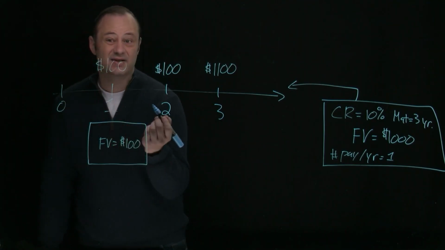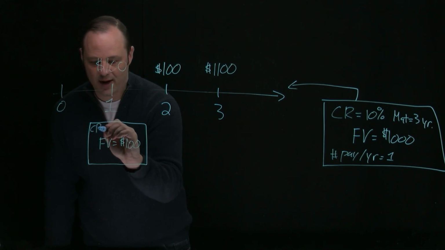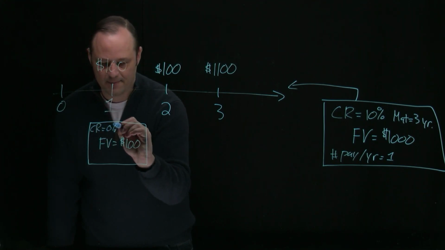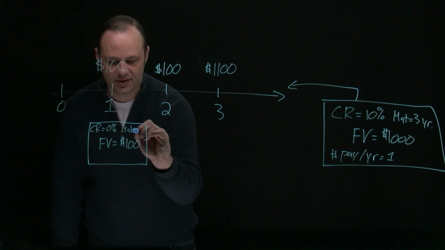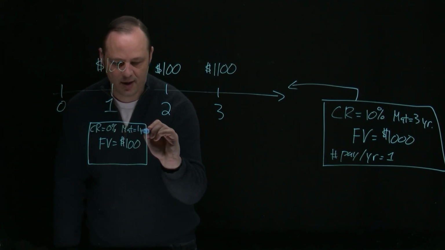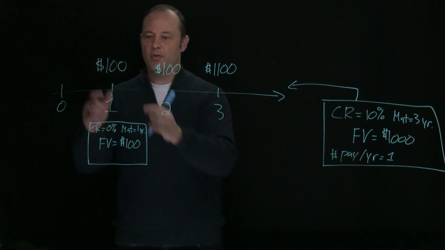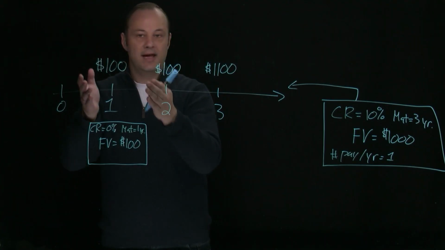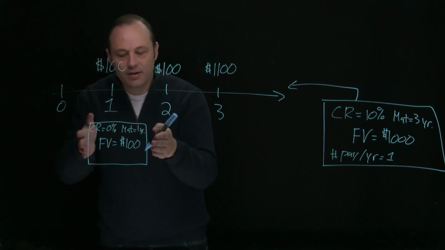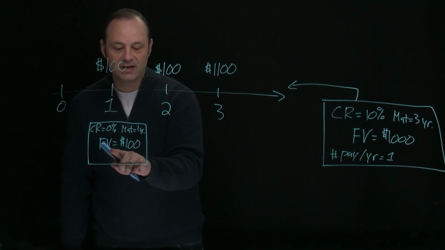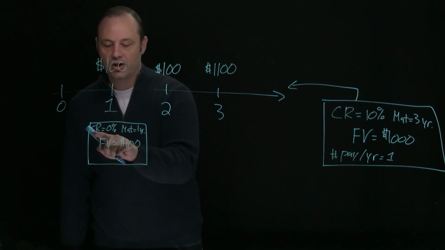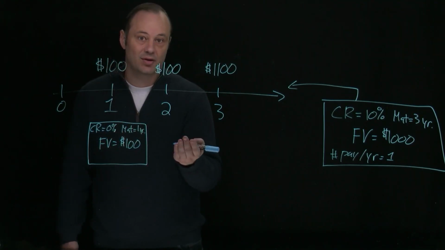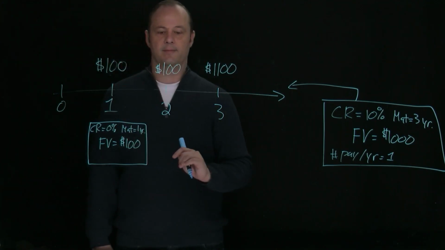Obviously, it's zero coupon, so the coupon rate is 0%, and it matures in 1 year. So this $100 payment is identical to a zero coupon bond with a face value of 100, a coupon rate of 0%, that's what zero coupon means, that matures in 1 year.